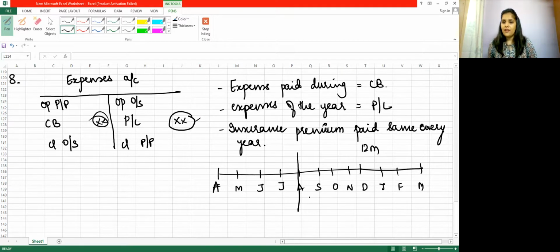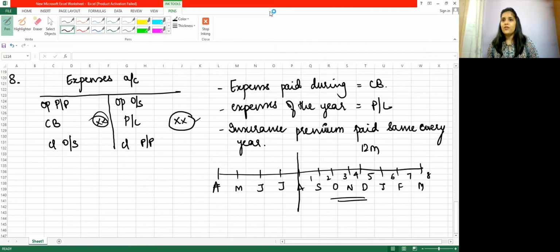From August, September, October, November, December, Jan, Feb, and March, 8 months you're paying for the current year, and the next year, April, May, June. That is your 3 months in the next year.